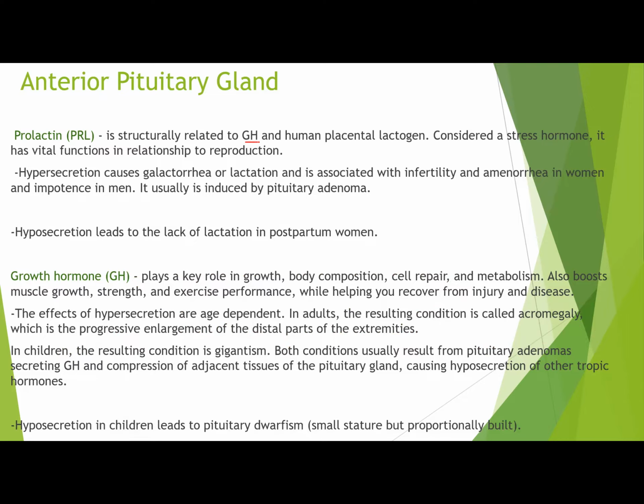Considered as a stress hormone, it has vital functions in relationship to reproduction. Hypersecretion causes galactorrhea or lactation and is associated with infertility and amenorrhea in women and impotence in men. It is usually induced by a pituitary adenoma.